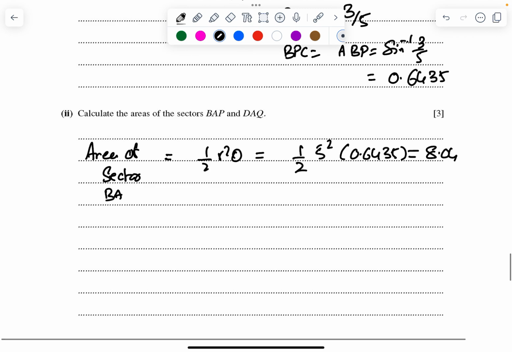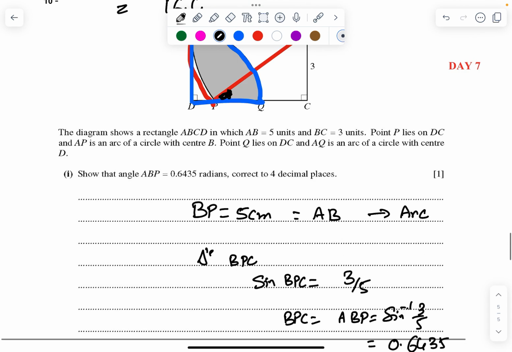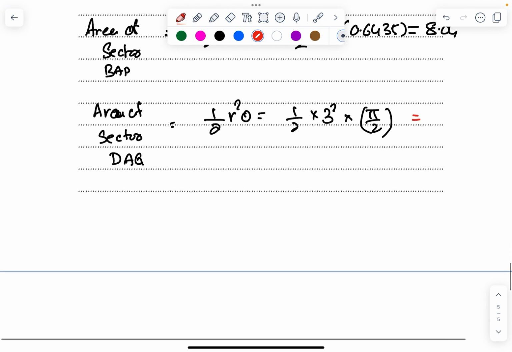Now I want the area of sector DAQ. The formula is also half r square theta. Half times radius 3 square, and theta is pi by 2 because the angle is 90 degrees. That gives 7.07.